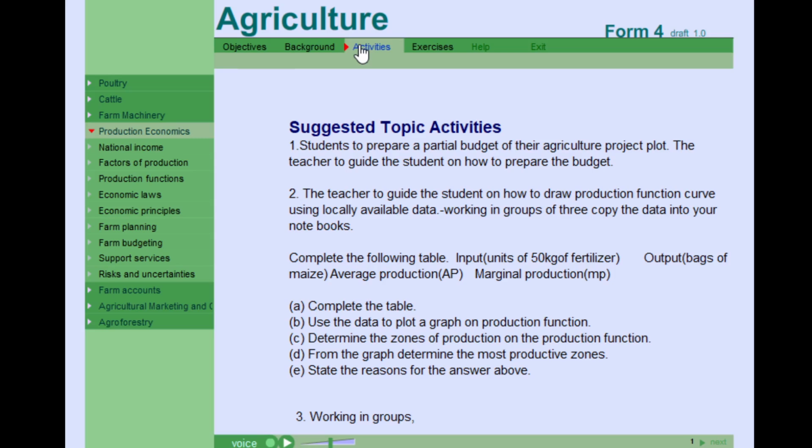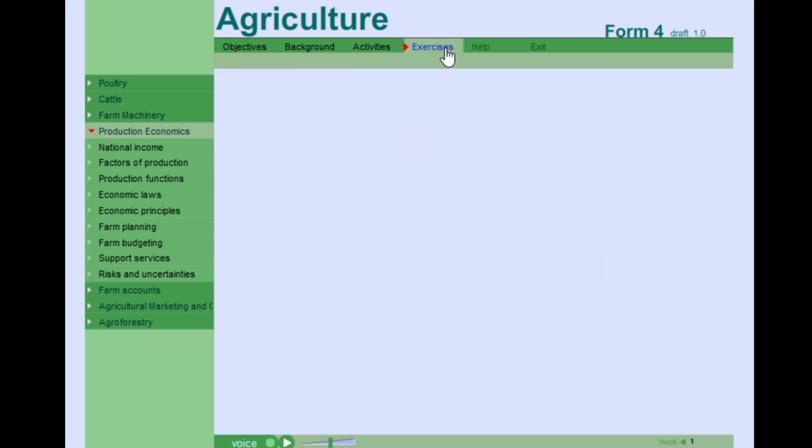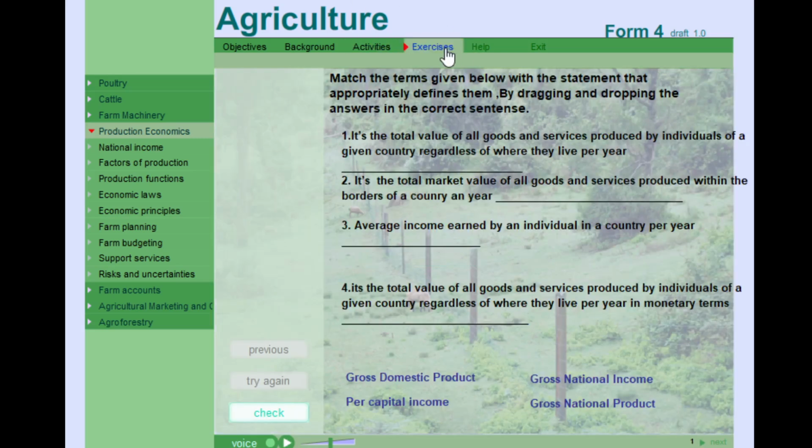Interview reputable farmers near the school and ask what kind of risk and uncertainties they faced and how they can overcome them. Match the terms given below with a statement that appropriately defines them.